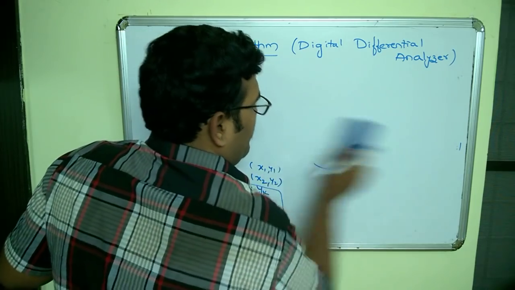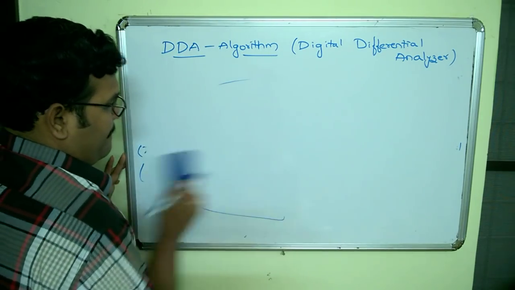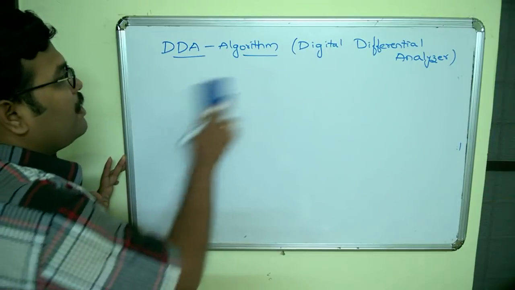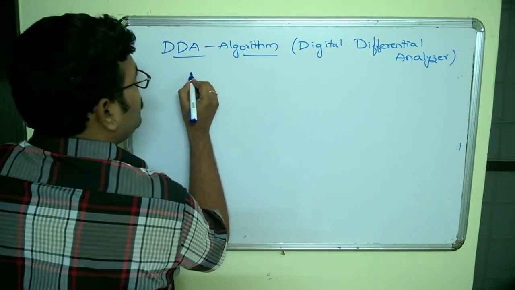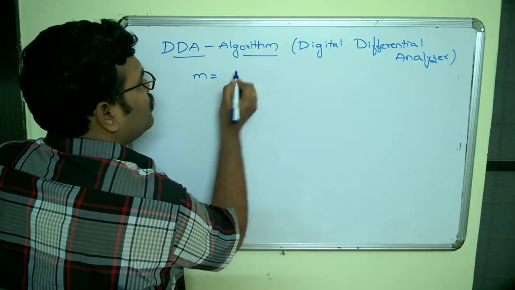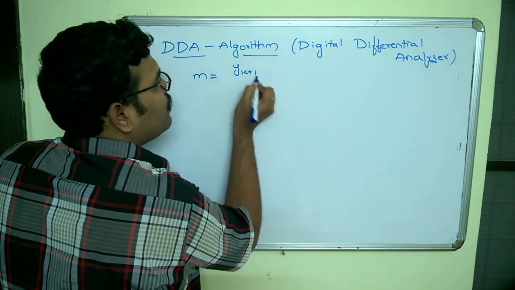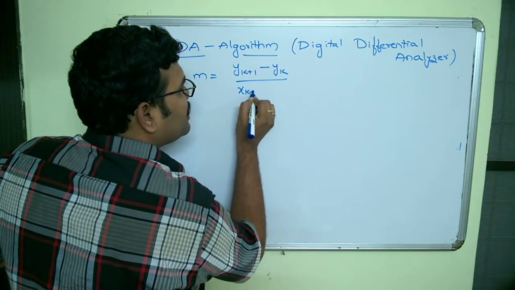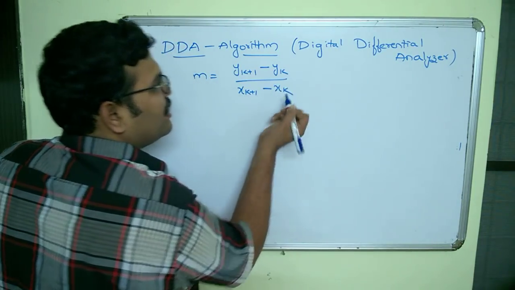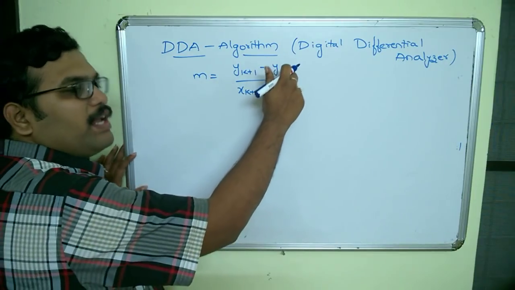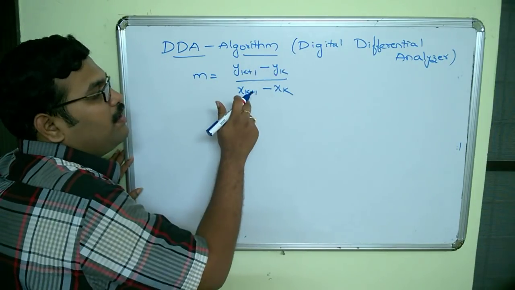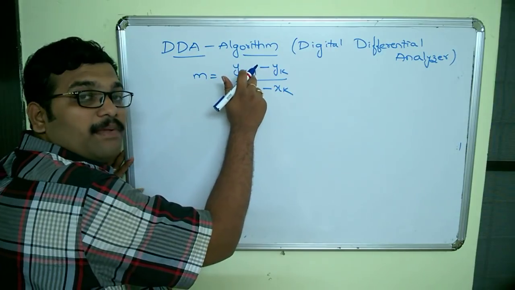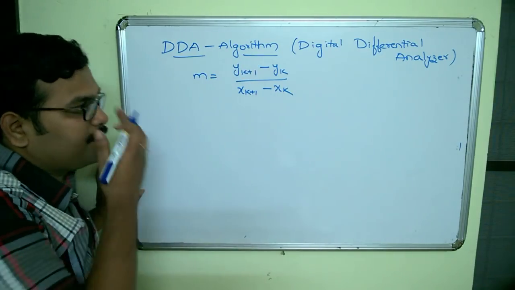Now let us derive the points. m is equal to yk plus 1 minus yk by xk plus 1 minus xk, where xk, yk are the present points and xk plus 1, yk plus 1 are the next coordinate points.